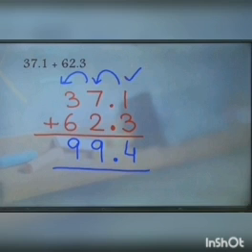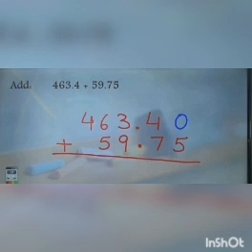Now I have one more question for addition. I have 463.4 plus 59.75. How can I write the corresponding place values one below the other? I start with the decimal point.